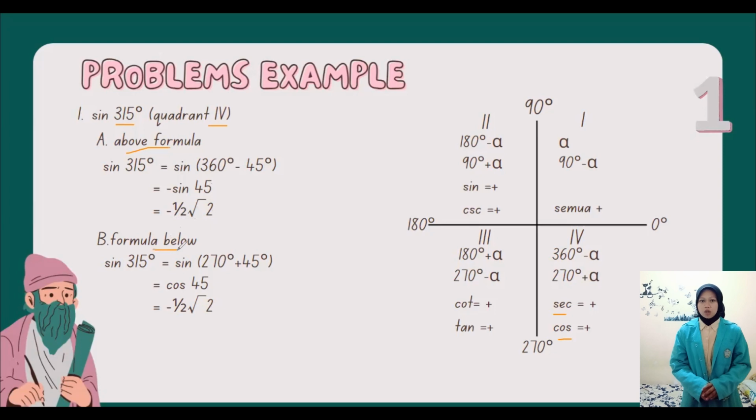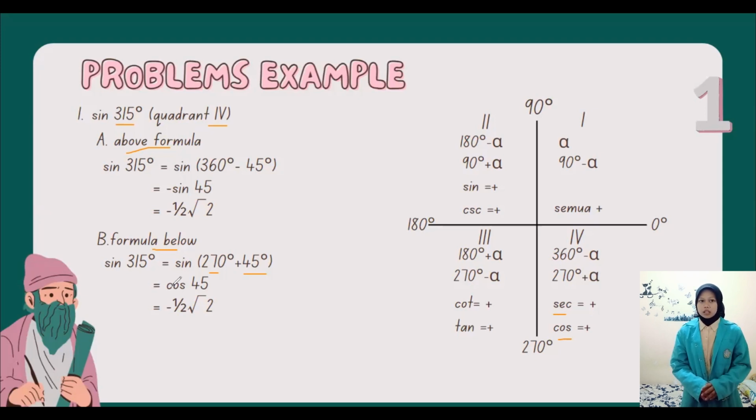If we use the formula below, sin 315 equal to sin 270 plus 45. Remember, if we use the formula below, sin will transform to cos.